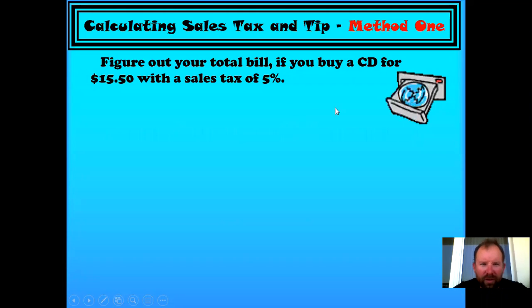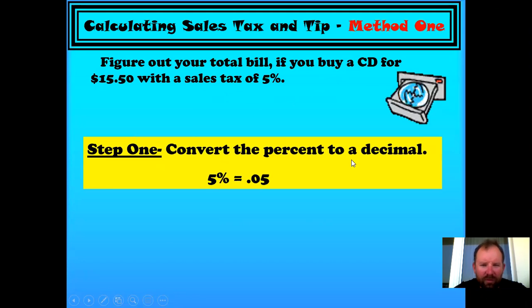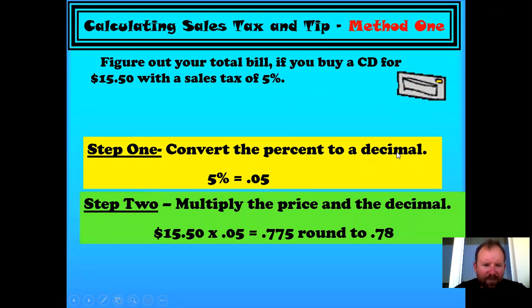Method 1: figure out your total bill if you buy a CD for $15.50 with a sales tax of 5%. First, we'll convert the percent to a decimal, which we just learned how to do previously. So we move our decimal 2 places to the left, or divide by 100. Then multiply the price and the decimal together.